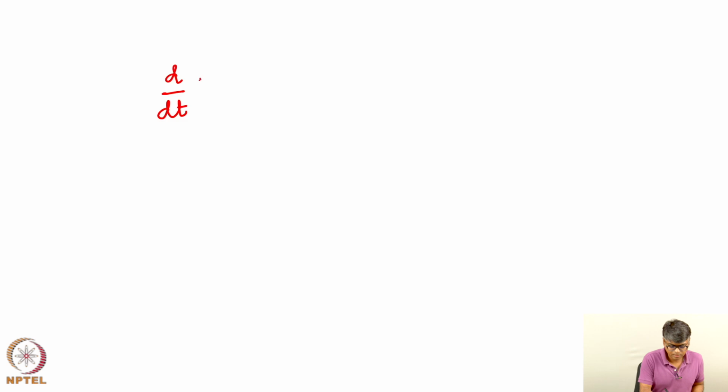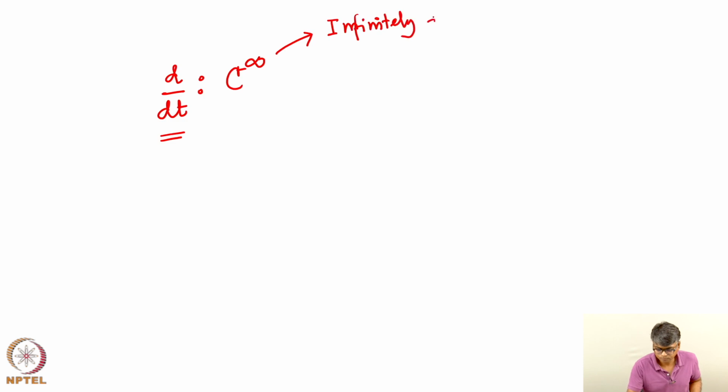This d dt operator acts on once-differentiable functions, but because we will allow arbitrary powers of this differential operator, it is best to assume functions which are infinitely often differentiable, called C infinity. This is the symbol used for infinitely differentiable or smooth functions.